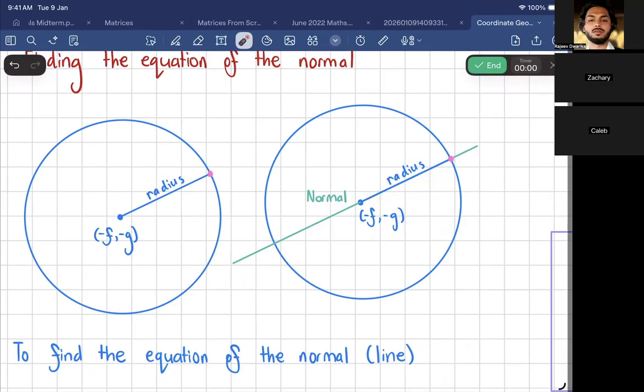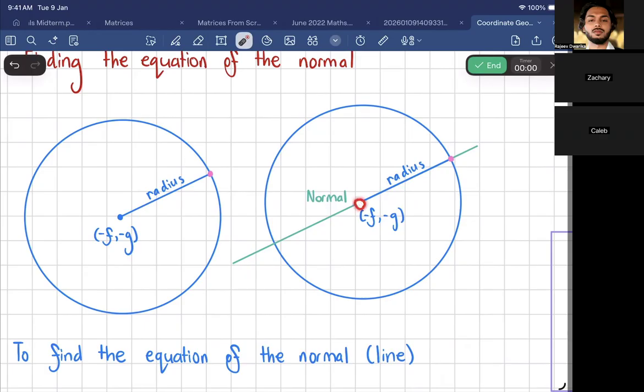Remember, the normal is this green line over here, and the radius is this line over here. Don't both of them lie on top of each other? Yes, sir. So any point along the radius is also going to lie on the normal. Exactly. Now, I have a question, Zachary. Aren't you always going to know the center? Yes, sir.